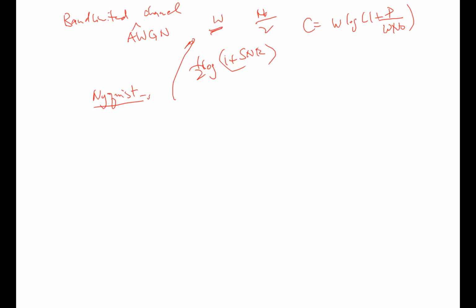Do you still remember the sampling rate for perfect reconstruction? Yeah, I guess you're correct. When your signal bandwidth is W, the sampling rate is twice that, right? It's 2W, right?